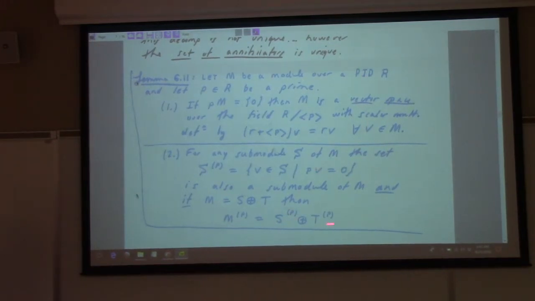That's almost immediate. You can look at this and look at that and see why that's true. The intersection, why should the intersection of these two things be 0? That might require some thinking.